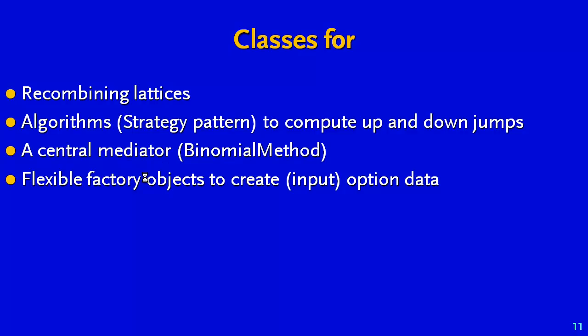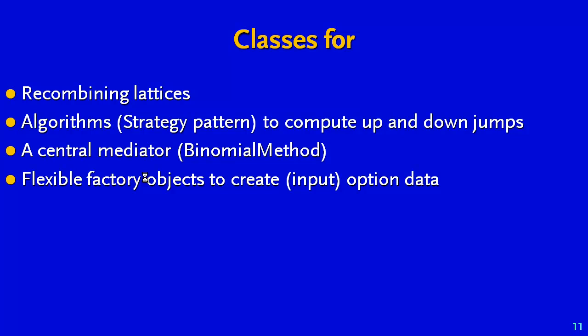So that's the first usefulness. We've got algorithms, a so-called strategy pattern, to compute the up and down jumps. These are just classes which implement a pure virtual member function in the base class, so the client only talks to the pure virtual member function. We've got a central mediator, the binomial method class we've told you about. It does one thing properly: it talks to the lattice, it talks to the strategies, and it computes the price for you.